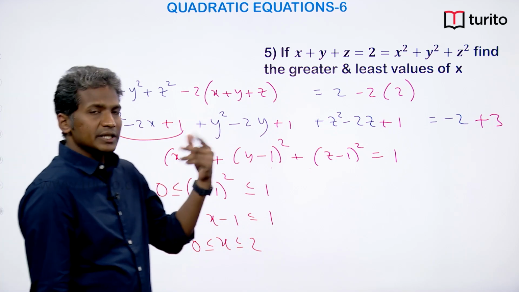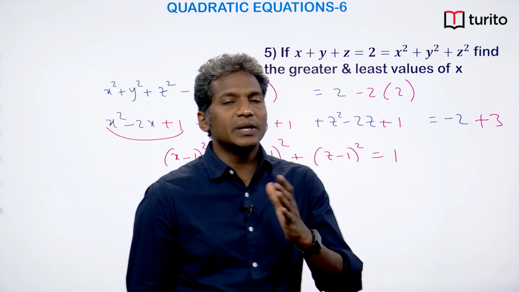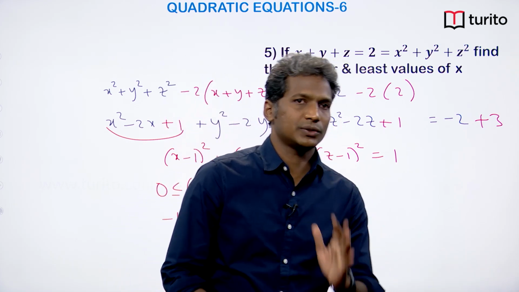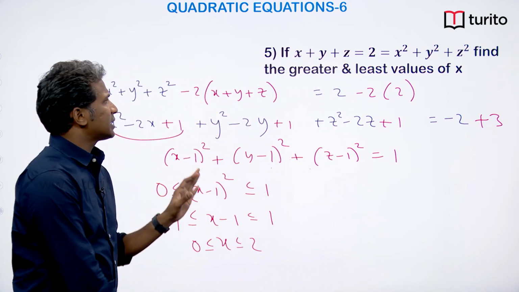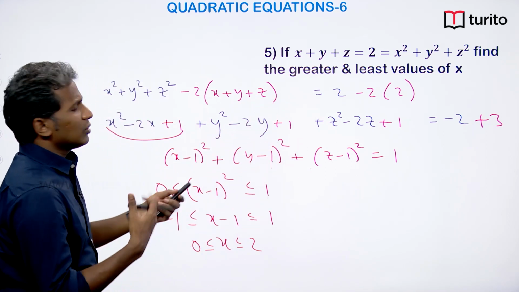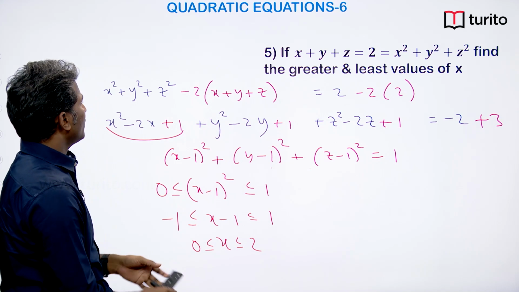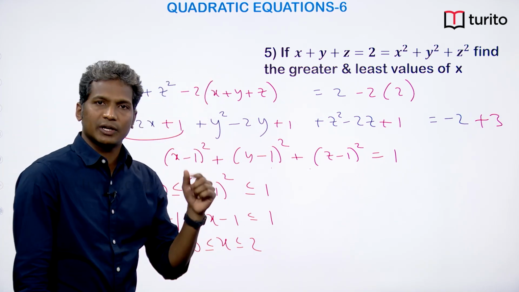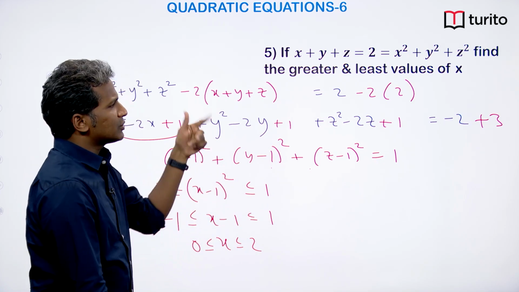Now, as we have explained earlier also, similar analysis is valid for y, similar analysis is valid for z also. So, this way we can understand about x, y and z. Okay. There could also be a different method. For example, here I subtracted x plus y plus z 2 times, I can also add it.